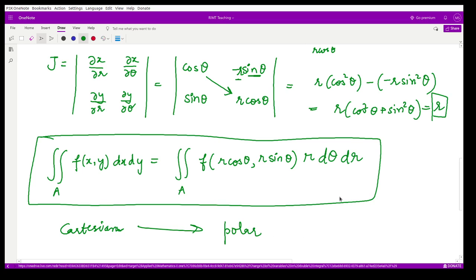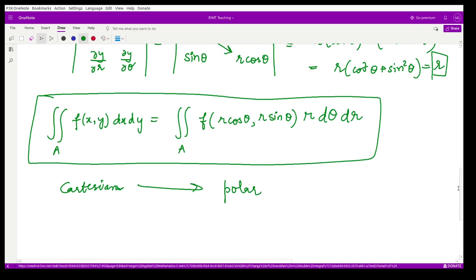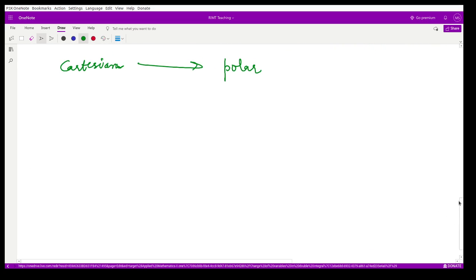So here usually the main part is how you take the limits. Before going on to that, let me first tell you how you can take the limits here.